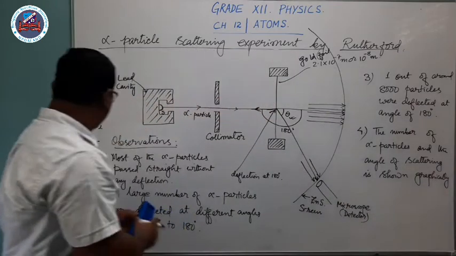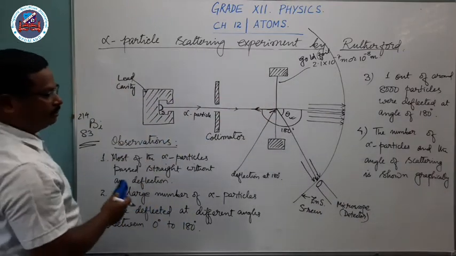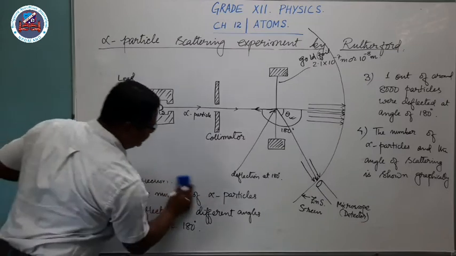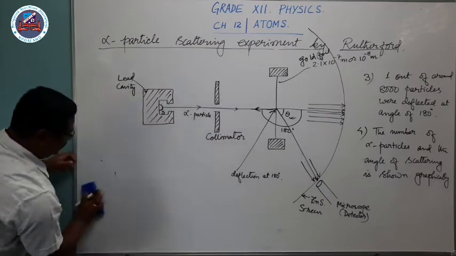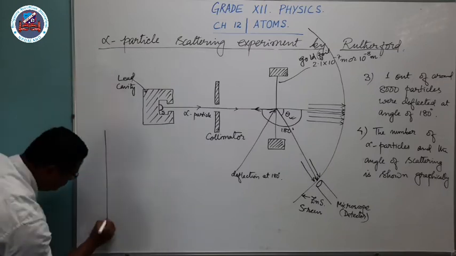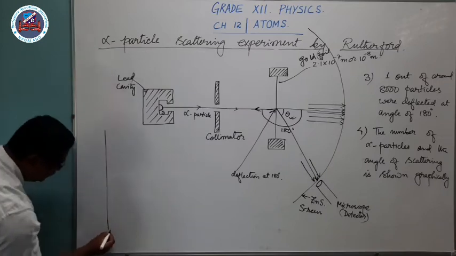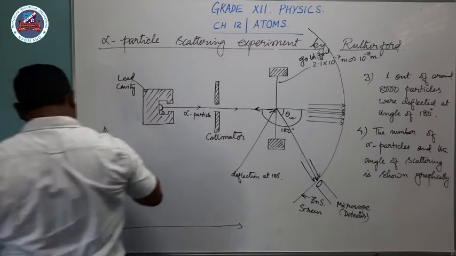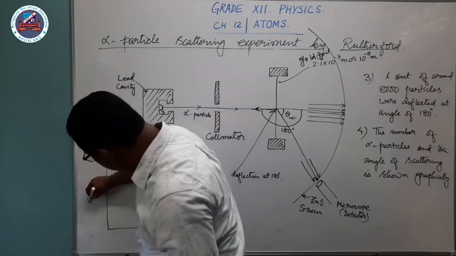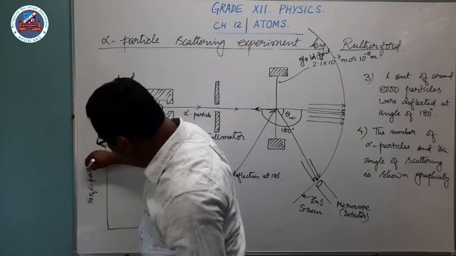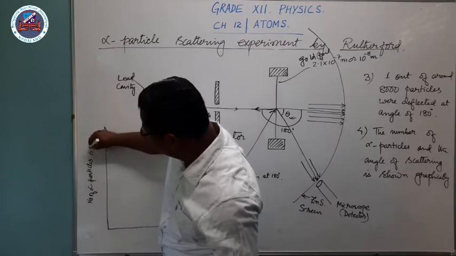We'll draw one graph to study the number of alpha particles scattered against the angle of scattering.